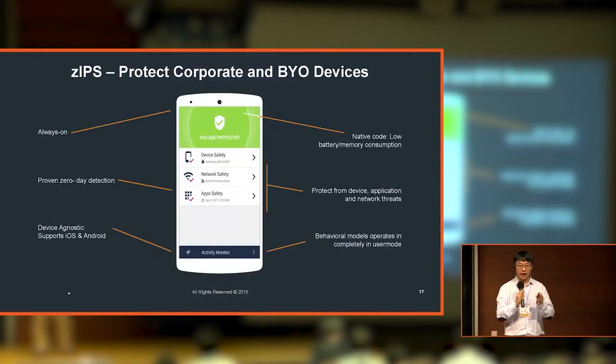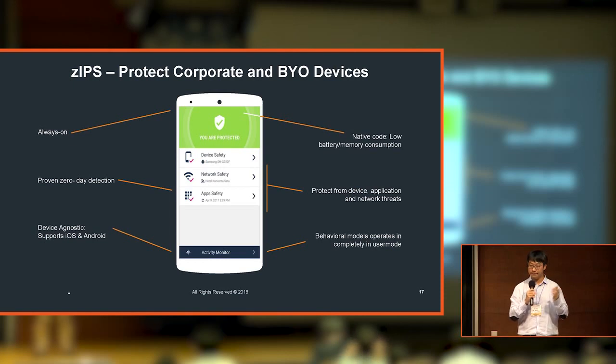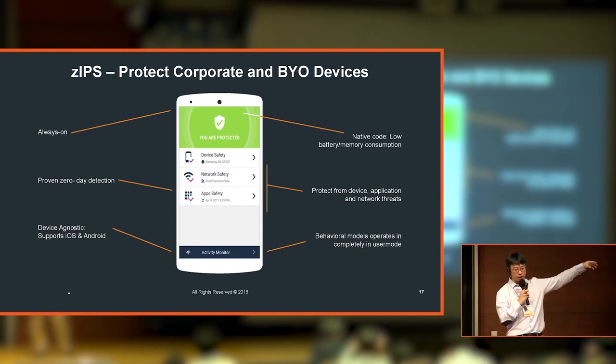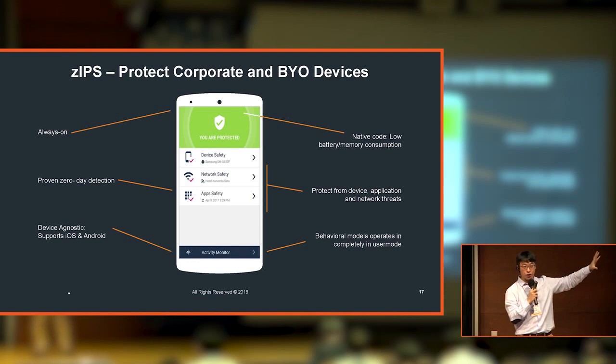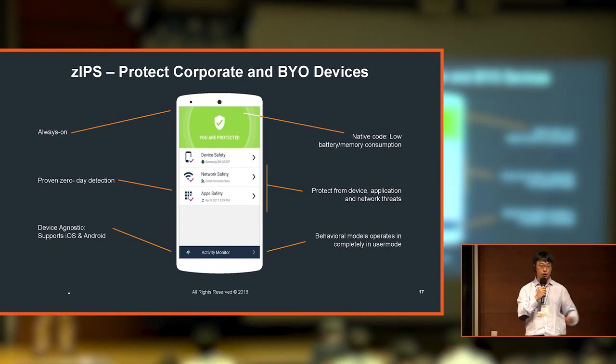To protect you, we actually have two solutions. One is our intrusion protection software, called Zips. You can see here it's a mobile application you can download from the App Store and Play Store. We're working with Unsecure in Korea to bring the technology to enterprise customers. It's always on.